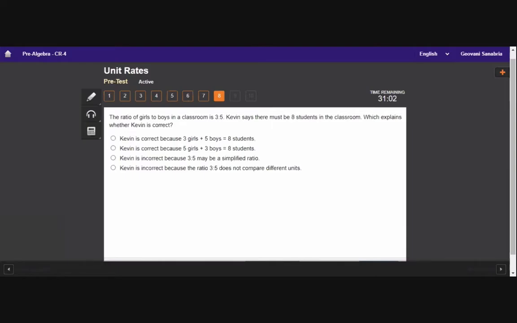There could be 8 students, there could be 16 students, or any number of students, as long as the ratio simplifies. 3 to 5 may be a simplified ratio. That's the one. Kevin is incorrect because 3 to 5 may be a simplified ratio, because we unsimplified it and got 6 over 10. Same ratio, just not simplified. And it was a different number of students, so it didn't have to be 8. So it's the third one.